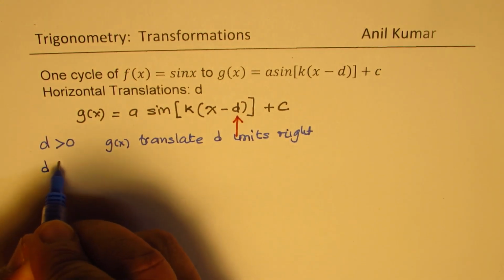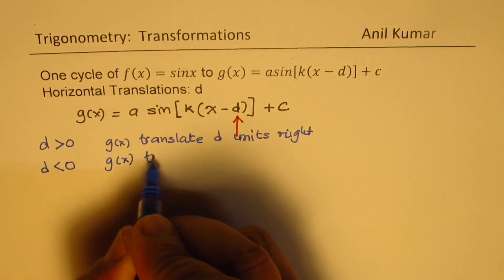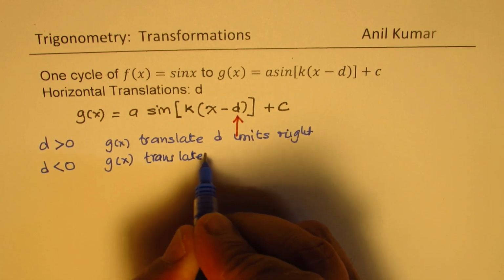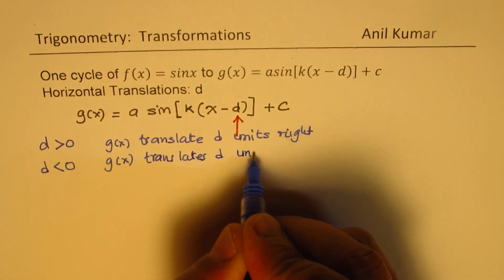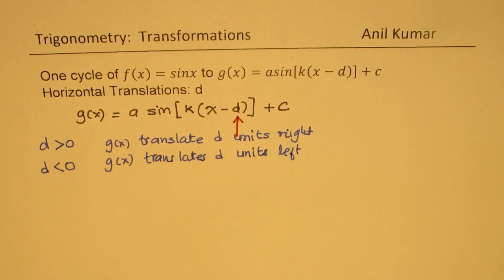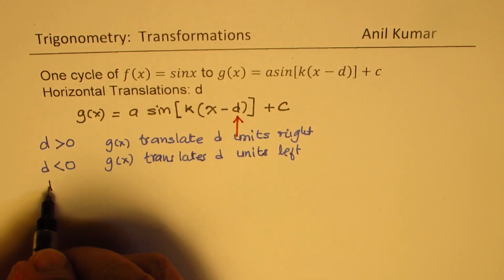And if d is negative, the transformed function translates d units left. That means the domain will change.